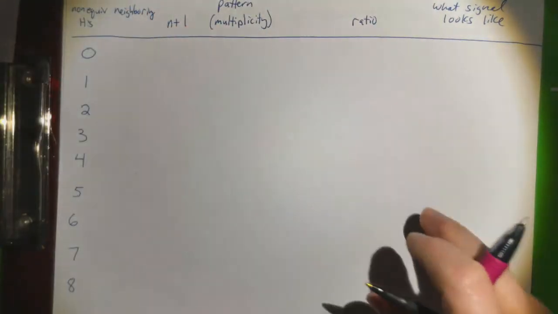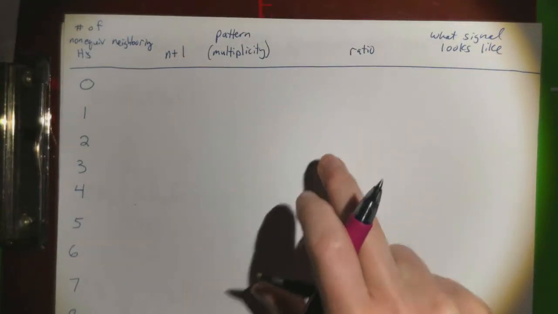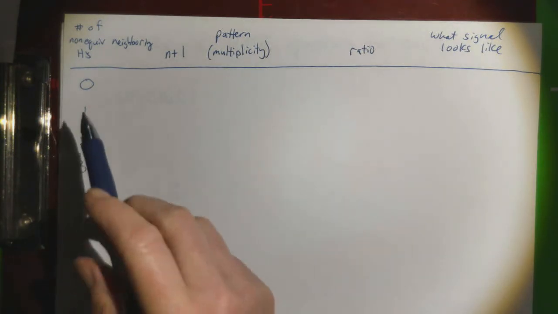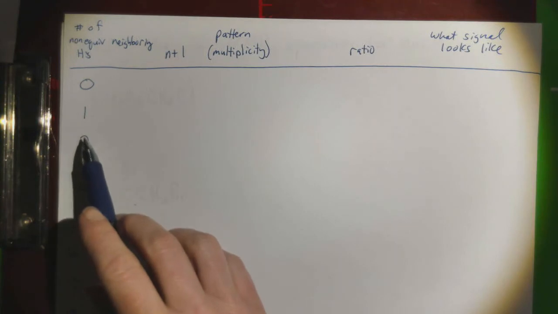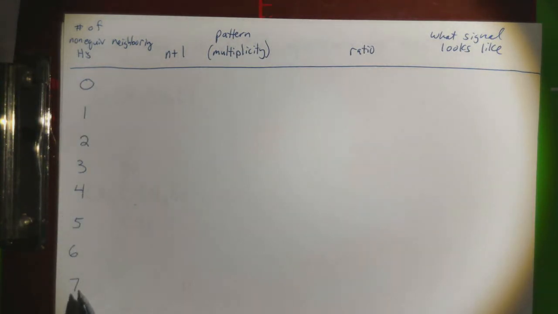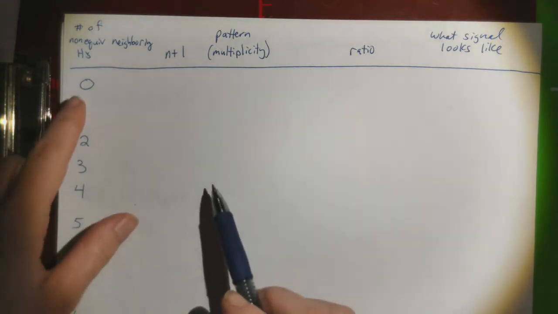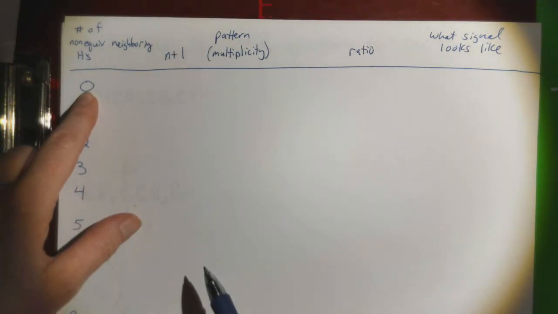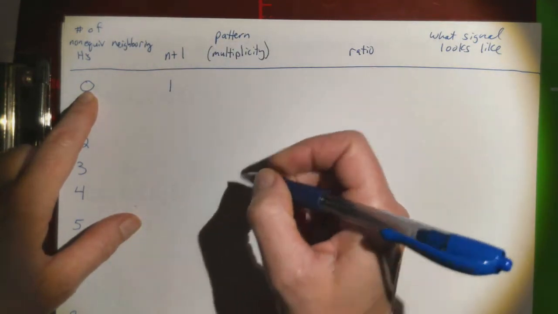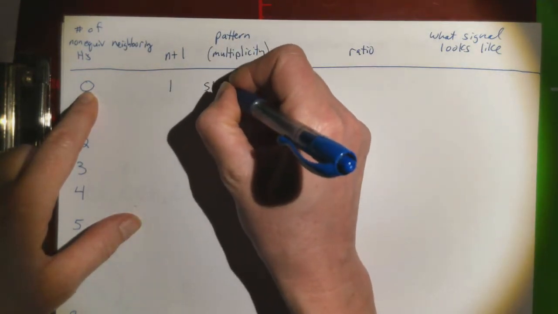to show this. We're going to fill in this table. I've written out the number of non-equivalent neighboring hydrogens. If we have 0 neighbors, n plus 1 is 1, and so we're going to get a singlet.